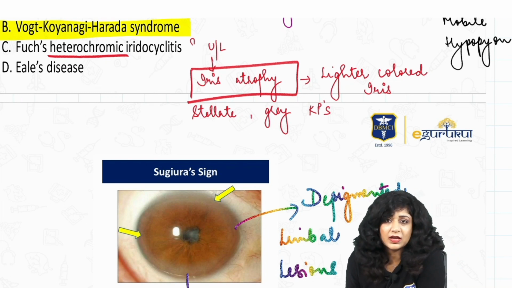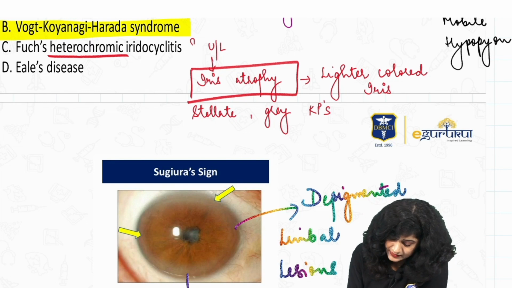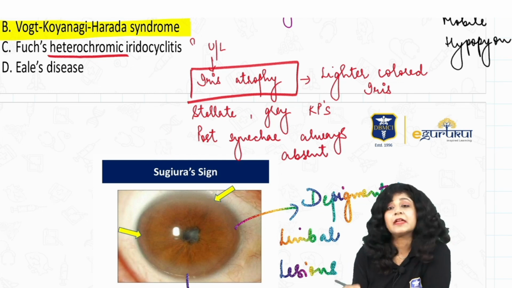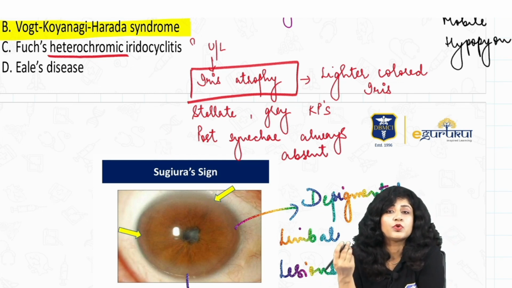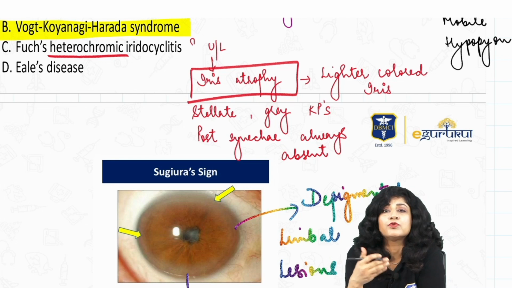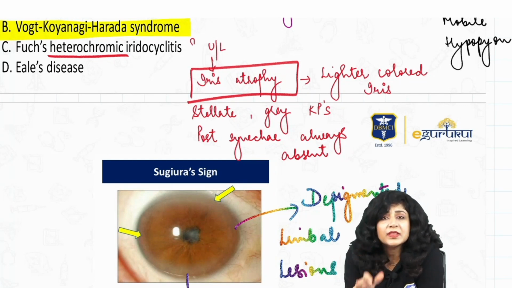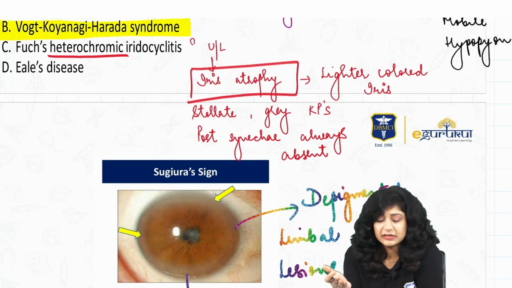Middle age is common, and posterior synechiae are always absent. These are the things which will help you in making the diagnosis of Fuchs heterochromic iridocyclitis or Fuchs uveitis syndrome, whenever you have attacks of uveitis with glaucoma, with heterochromia, with iris atrophy, with posterior synechiae absent.